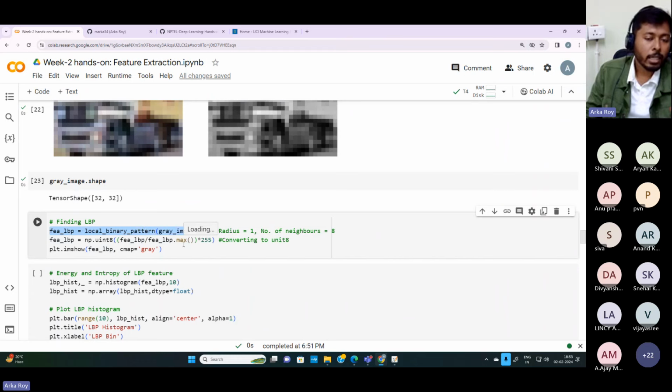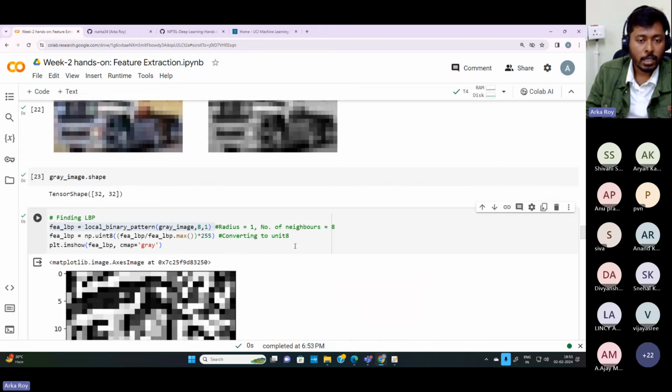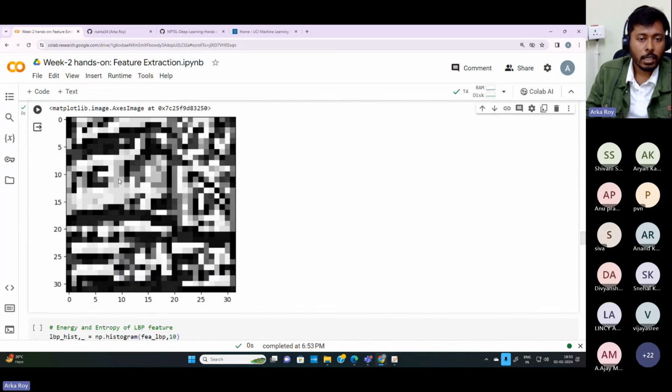The local binary pattern will be somewhat in the form of decimal values, so you are converting all these decimal values into UINT8 format. That means you convert it to the range 0 to 255, and then you plot the feature. If I plot this one, you can see that this is the texture.